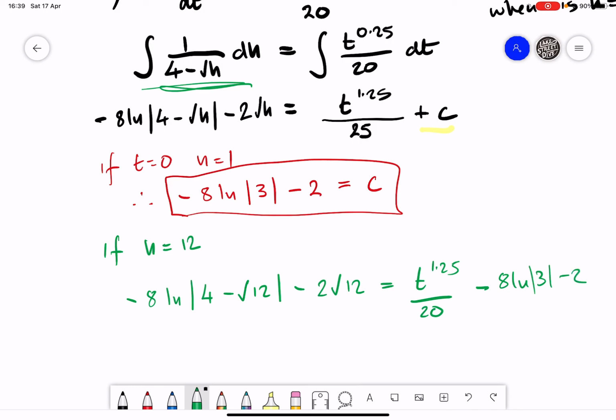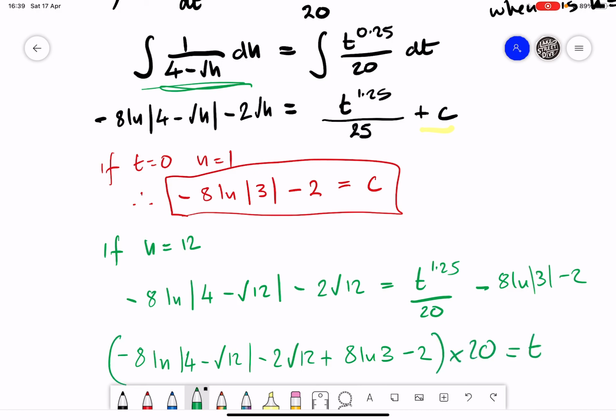Okay, I can calculate this. Add that to both sides, so we get minus 8 log 4 minus square root 12, minus 2 root 12, plus 8 log 3 plus 2. And if I times all of that by 20, that equals t to the 1.25.